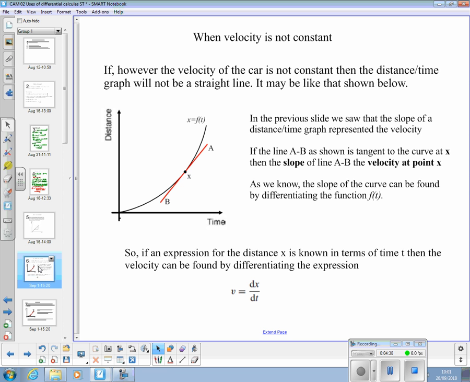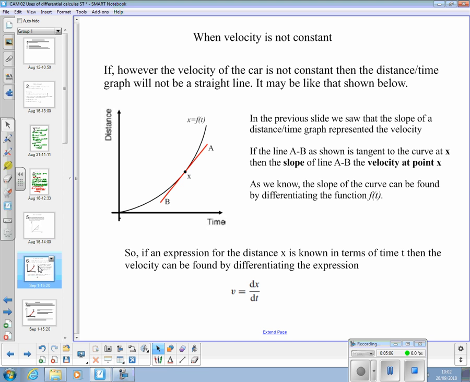So, in the last slide, we saw that the slope of a distance time graph represented the velocity. So on the x-axis here we've got distance moved over time, and that's increasing its rate of change all the time. So if we take a point x and we take the tangent to it at that point, then that is the velocity at point x.